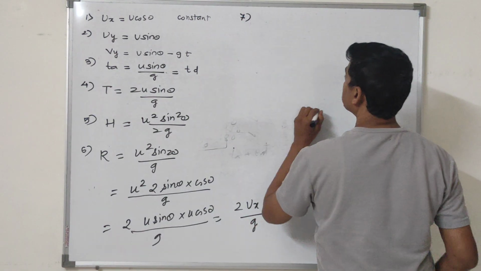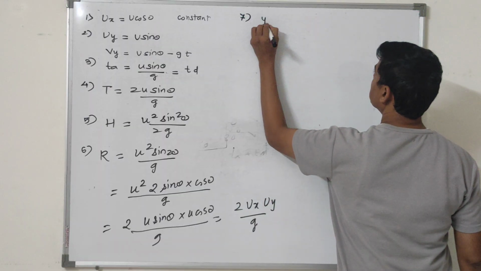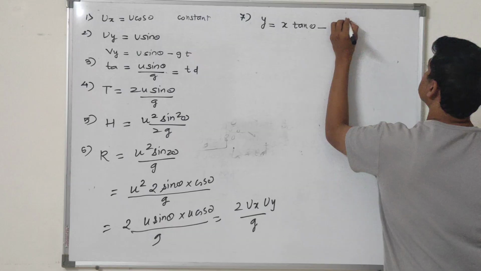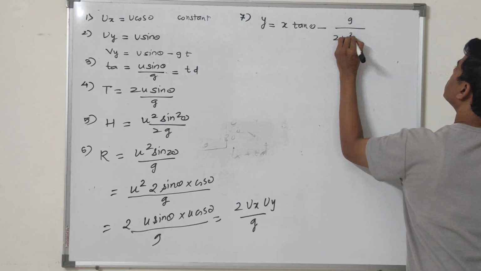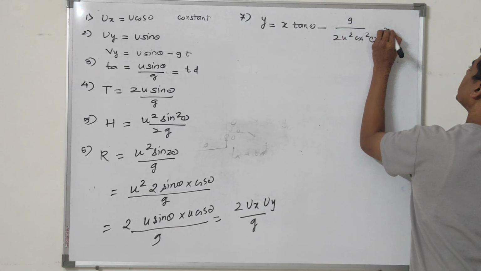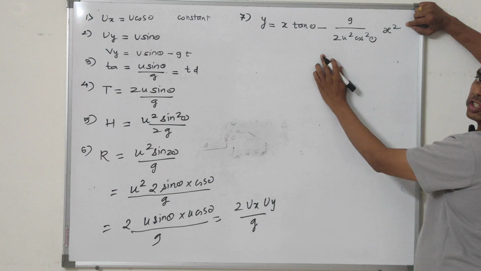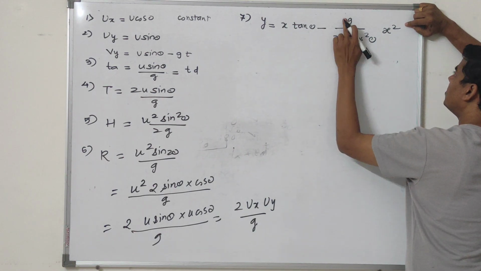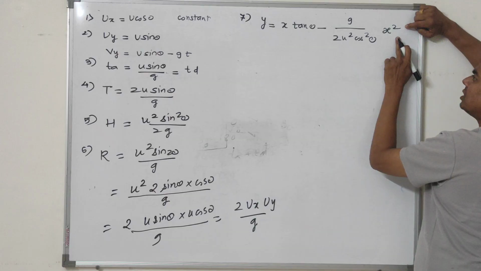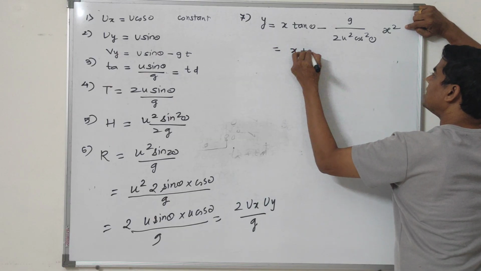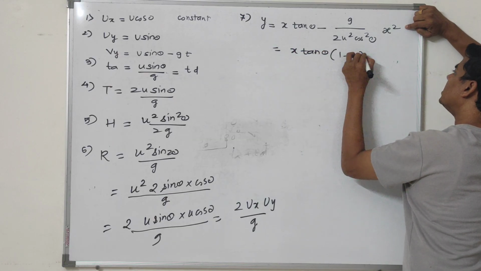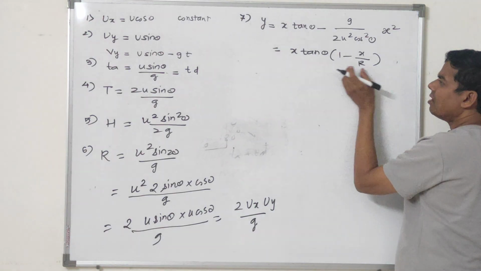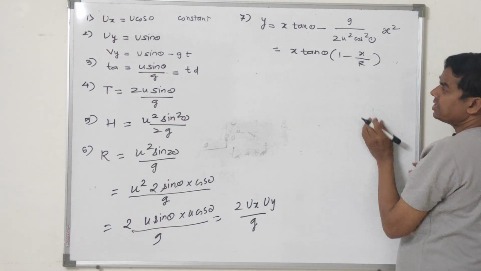Next important formula is the trajectory of the projectile. Y is equal to x tan theta minus g upon 2 u square cos square theta into x square. This is the equation of trajectory of the projectile. Or, x tan theta into bracket 1 minus x upon r, where x is horizontal distance and r is the horizontal maximum distance, the range.